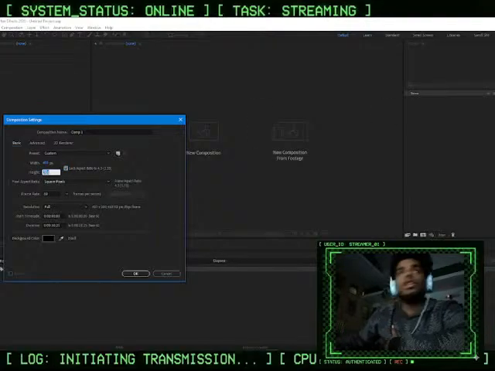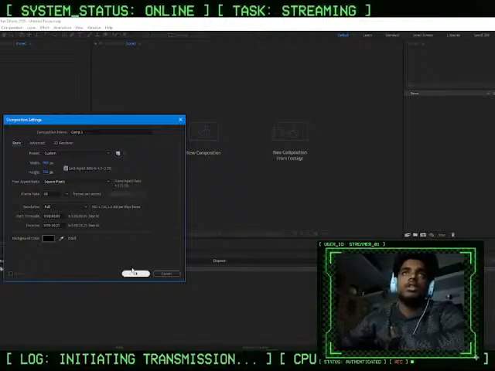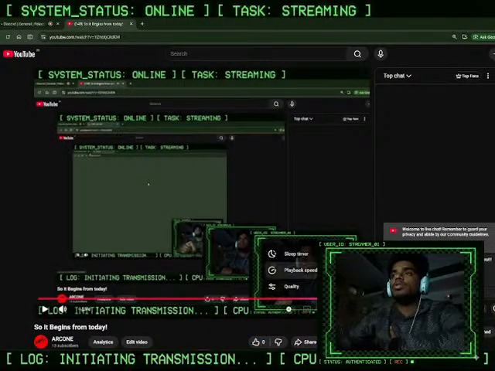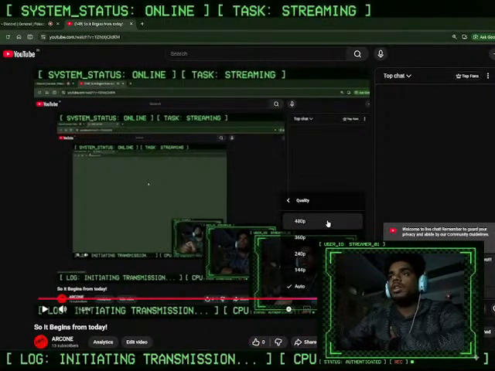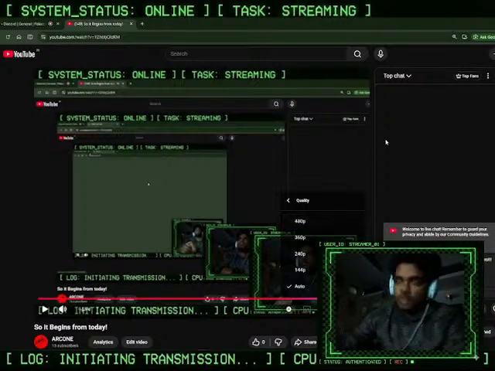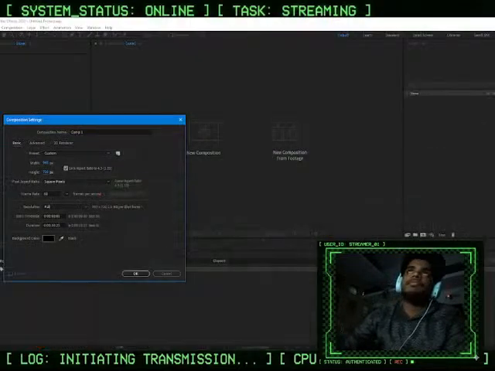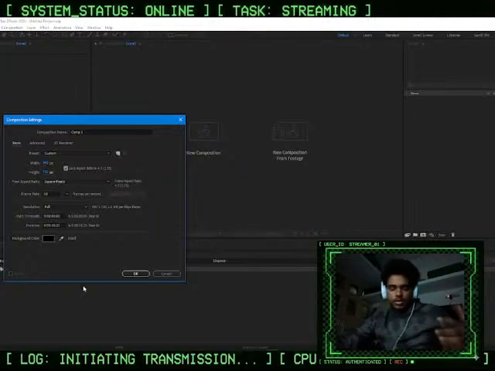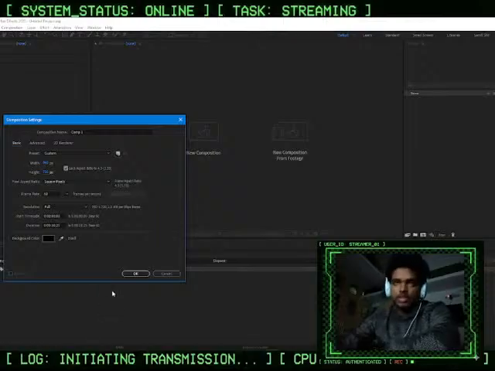Go to height 720p, get 960 by 720. Mostly this should work. And I'm streaming in 480p, because I want to give that nostalgia of having some vintage vibes with the whole streaming thing.